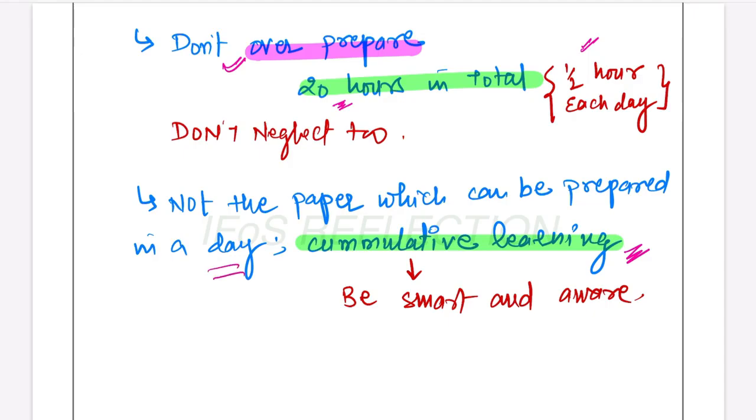So this cumulative learning and the approach of not over preparing would ensure that you are achieving the sweet spot for scoring 150 plus marks. And also don't neglect it, while the entire entourage of two optionals and GK is there. And this half hour each day would ensure that your learning is cumulative and incremental.